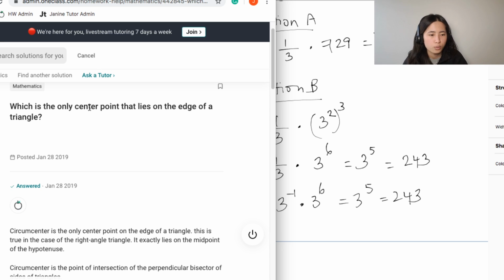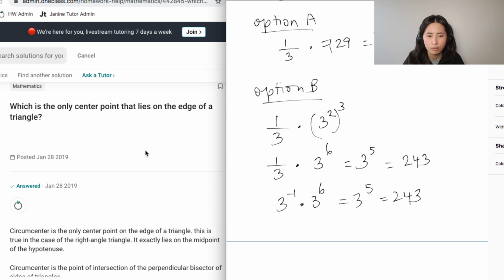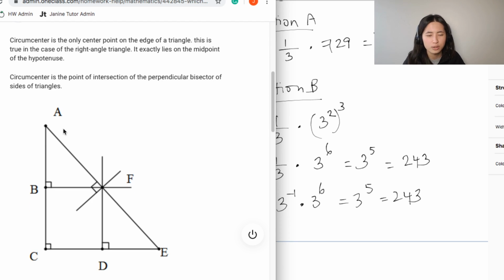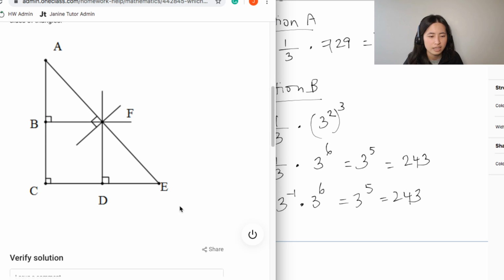Next question, it says which is the only center point that lies on the edge. Okay, let me read that one more time. Which is the only center point that lies on the edge of a triangle? So, if you think about triangles, right, it could be right triangles, it could be acute triangles, it can also be obtuse triangles, right? Anytime you look at, okay, so in this figure, they're looking at triangle ACE, right?